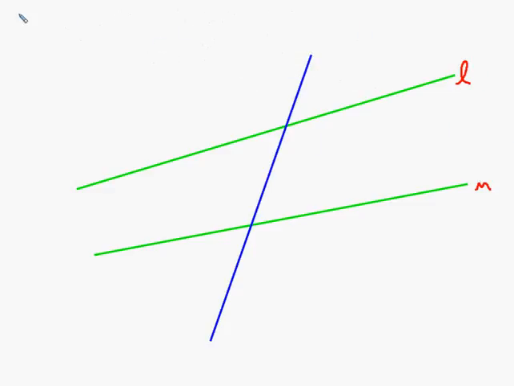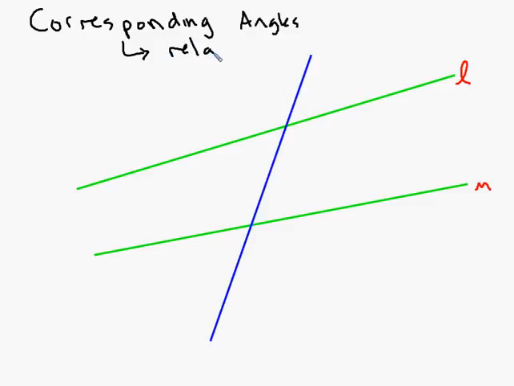Okay. The next one, corresponding angles. These are in the relatively same position with respect to the line and the transversal.